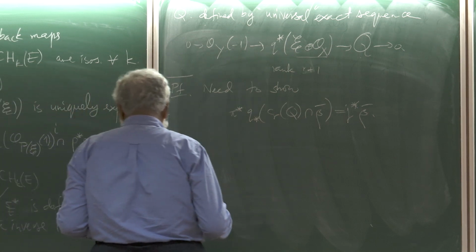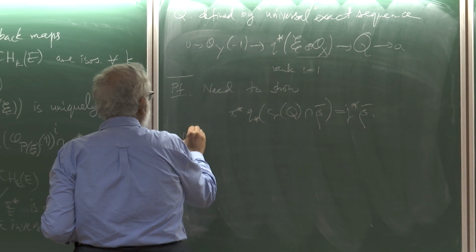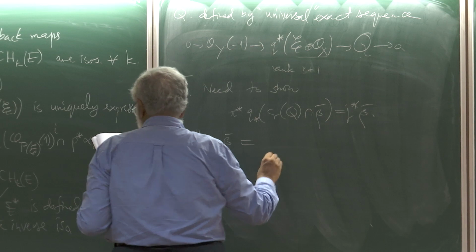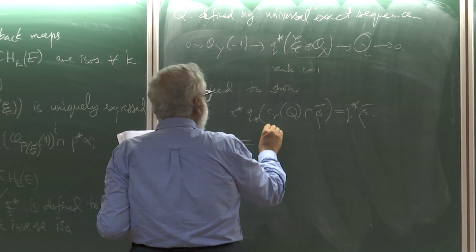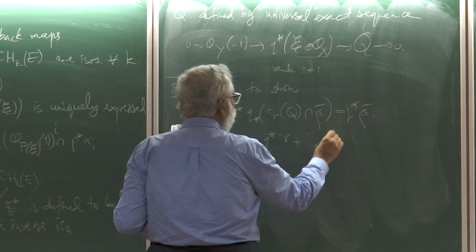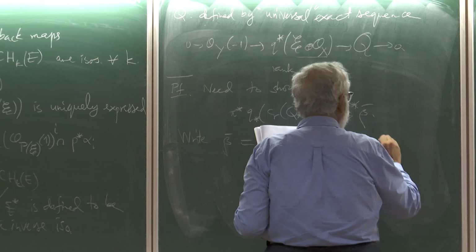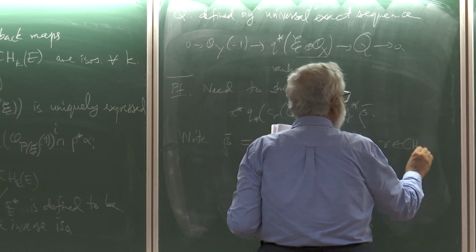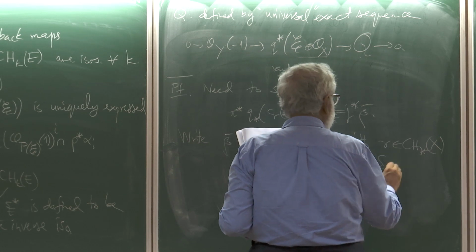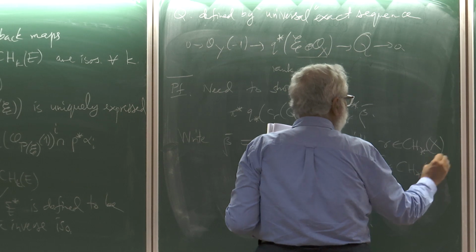Let's try to check it. The point is I can write beta bar, and this decomposition is in fact unique, as q upper star of some gamma plus i lower star of some delta, with gamma in Chow star of X in an appropriate degree and delta in Chow star of P(E).